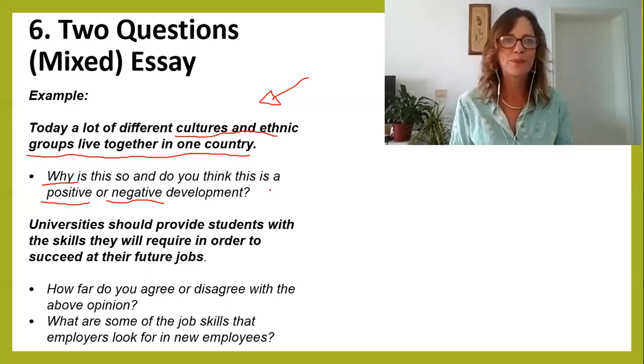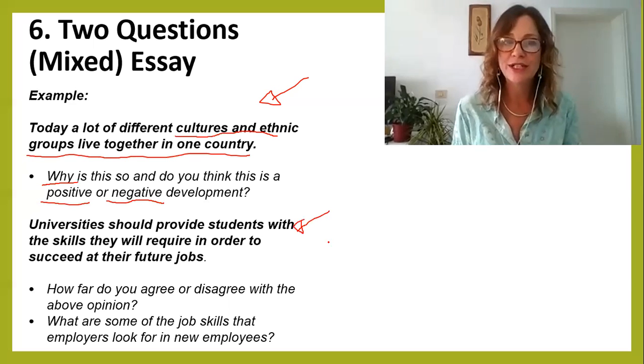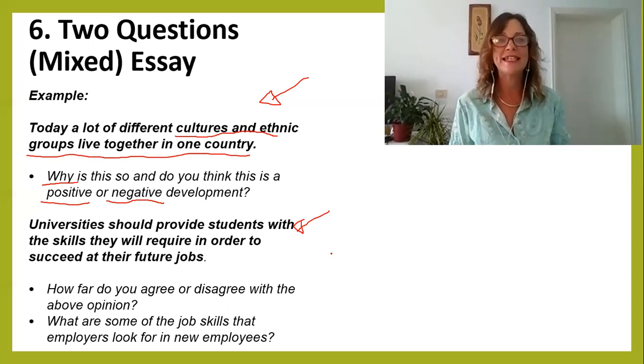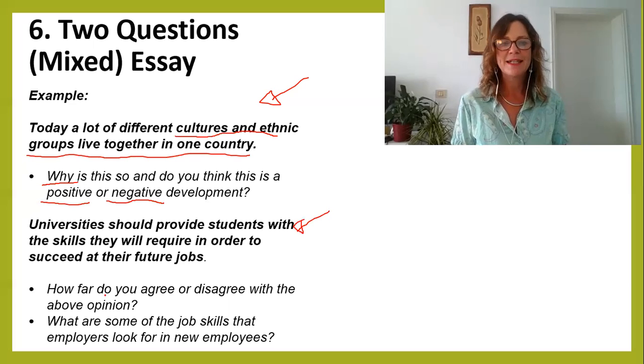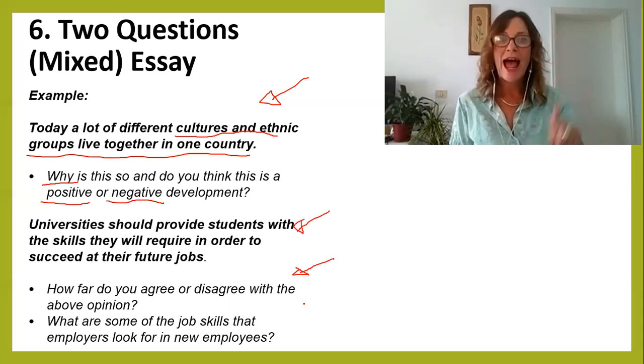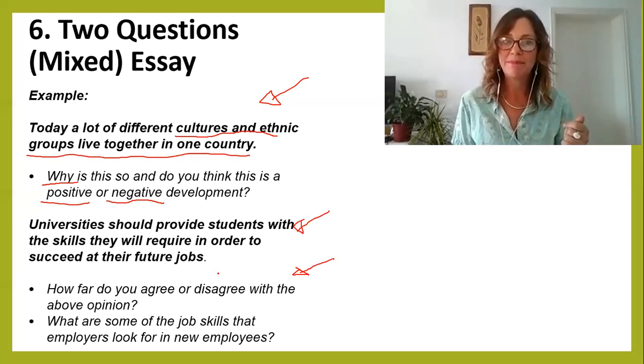Let's look at one more. Universities should provide students with the skills that they will require in order to succeed in future jobs. So this one, it's asking you for 2 different elements again. 1, how far do you agree or disagree with the opinion?